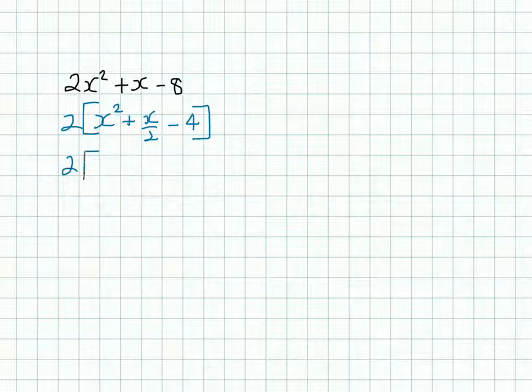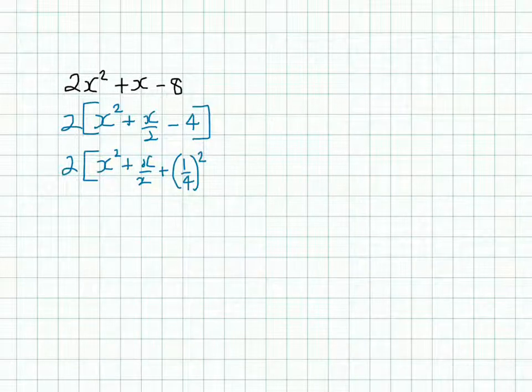So I've got 2 there, and then I've got x squared plus, well, the coefficient of x is now a half, so a half of a half is a quarter. So now I've got (x plus a quarter) squared minus 4, and because I've just introduced something new into the expression, I need to subtract it back out on the end, so that's minus a quarter squared.